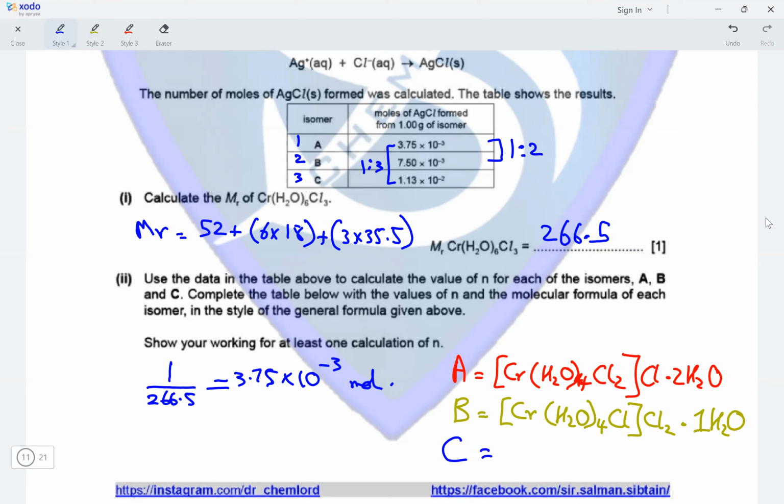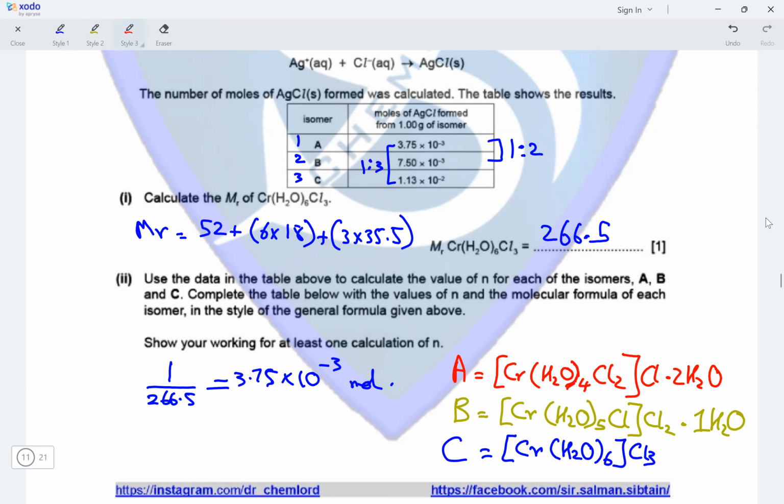That means 3 chloride ions are on the outside. So the formula of the complex would be [Cr(H2O)6] with no chloride inside, and Cl3 on the outside, and the value of n is 0, so no water of crystallization.